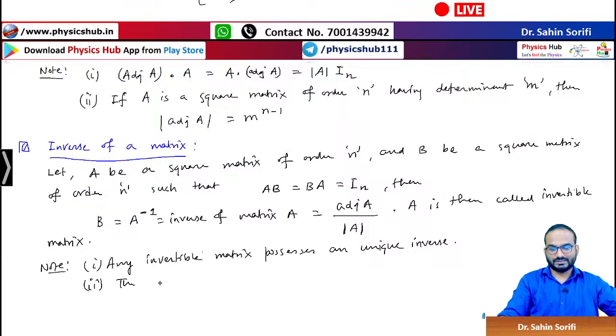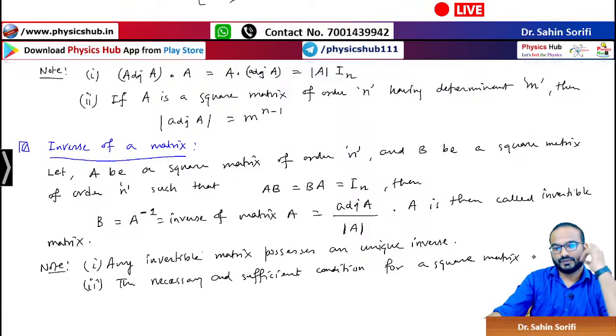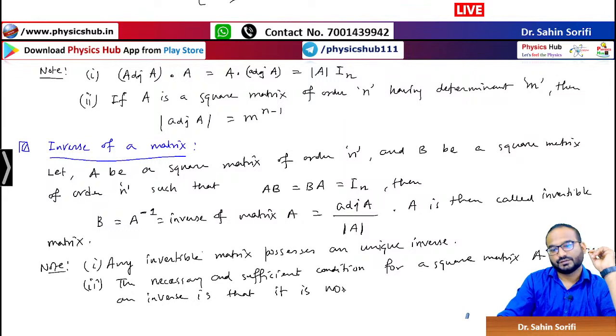The necessary and sufficient condition for a square matrix A to possess an inverse is that it is non-singular.